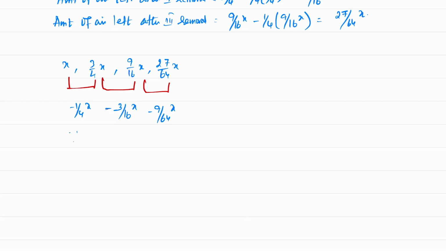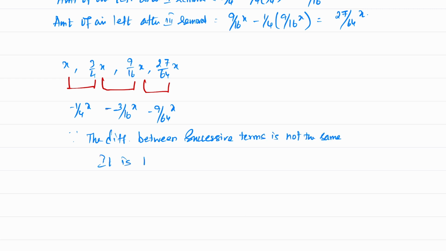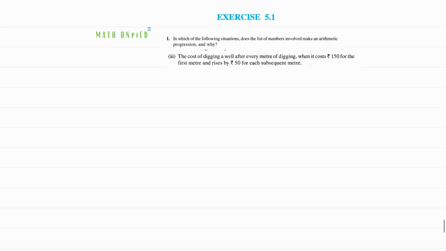Since the difference between successive terms is not the same, it is not an AP. As you can see, the difference is varying, and therefore this is not an AP. Now let's move on to the third subdivision.